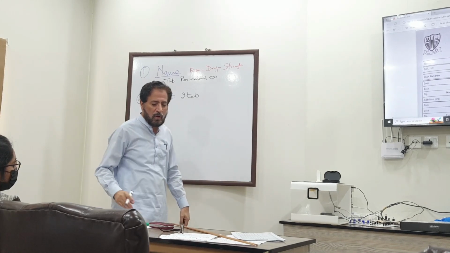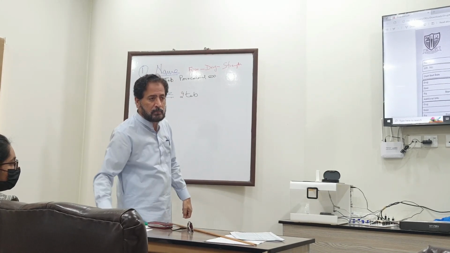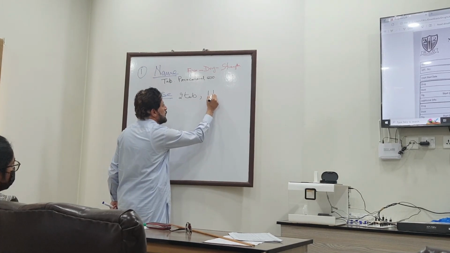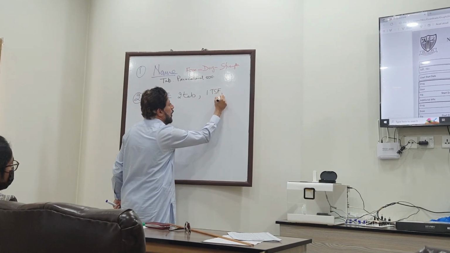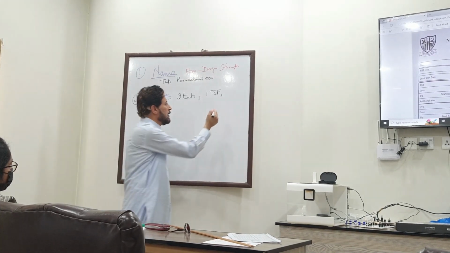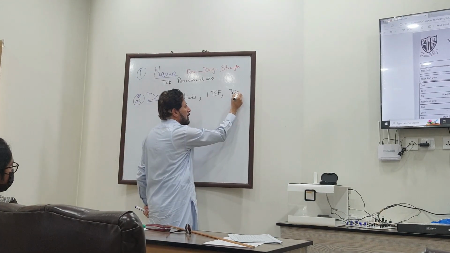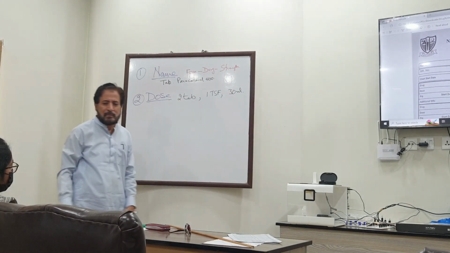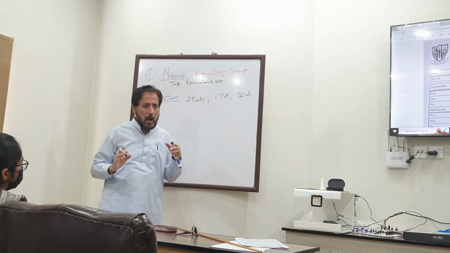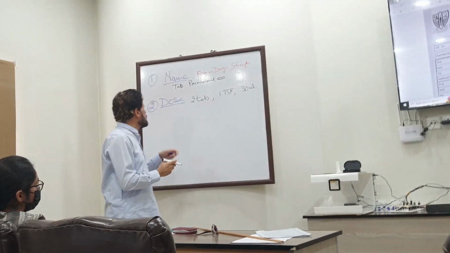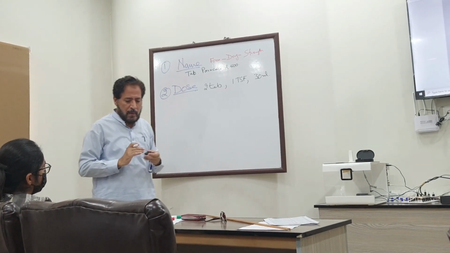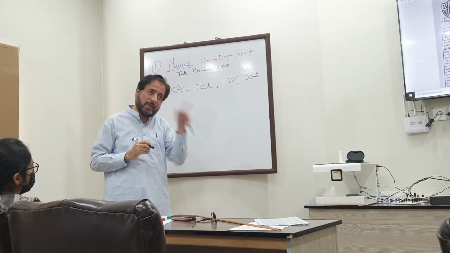Or you can also write, if it's a syrup, 1 tablespoon, or for example you are giving lactulose, so you can say 30 ml, right? So it varies really how much you want to give. So you write the name, you write the dose, and dose should be written with the units.